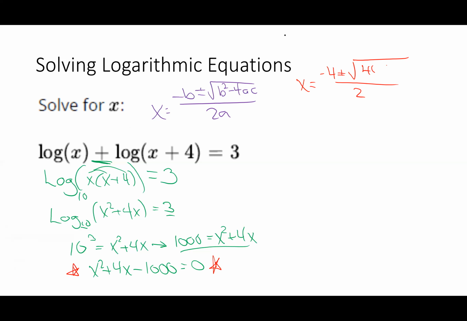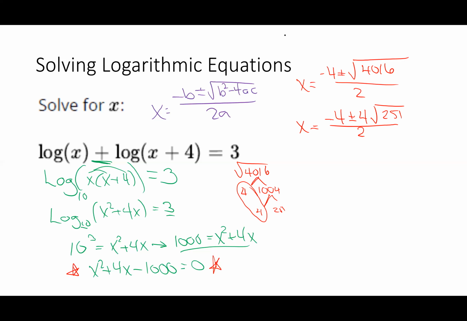Now, for simplifying the square root of 4,016, I'm going to say, well, that's 4 times 1,004, which is going to break down really nicely to 4 and 251. So I've got a pair of 4s here, which is kind of nice. So I'm going to take a 4 out. 251. And now I'm going to reduce.